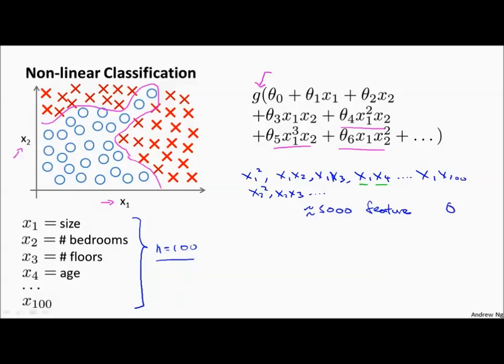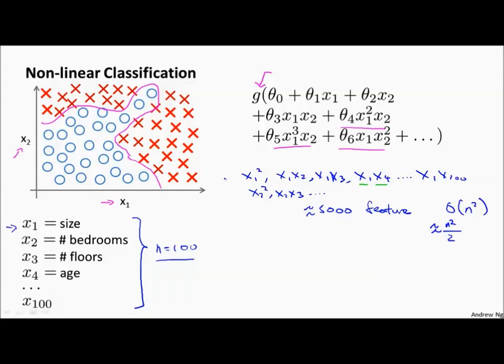Asymptotically, the number of quadratic features grows roughly as order n squared, where n is the number of the original features, like x1 through x100 that we had, and is actually closer to n squared over 2.